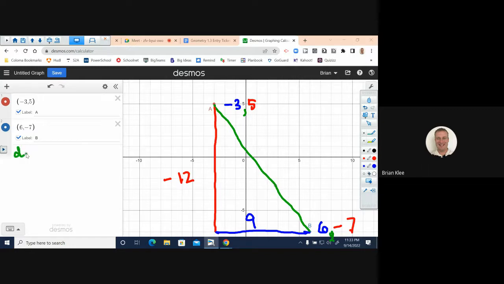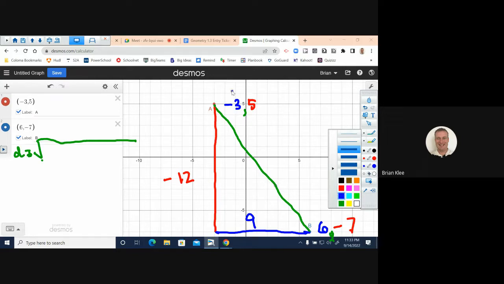So distance formula is like, let's take these numbers, throw them inside a square root. So first, I've got the x values. All right, I'm going to call this x1 and this x2. First x, second x. Really, the exact order doesn't matter as long as you follow your math operations rules correctly.